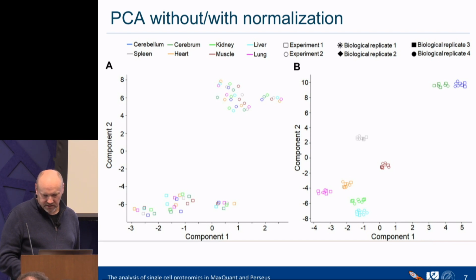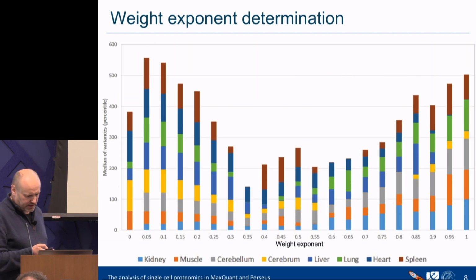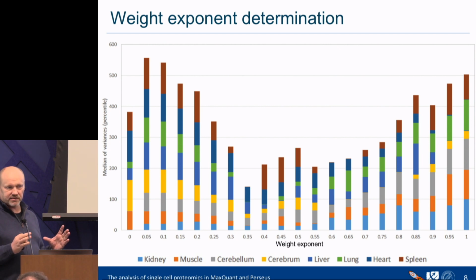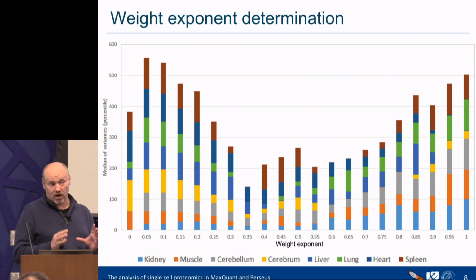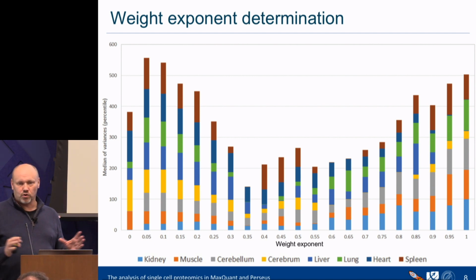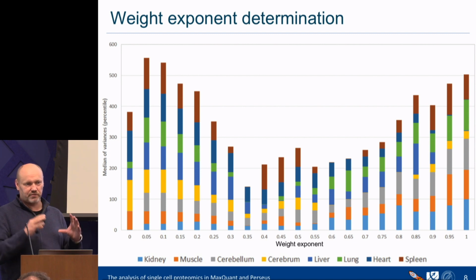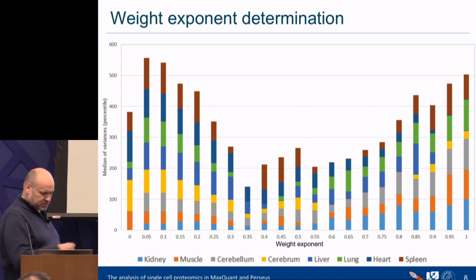But then there's still the open question: what is the exponent of the weight? And so we just optimize it. We look at within group variance, which, as I said, is a good thing to look at now because we don't have overlapping groups that we might have in single cell data or something like this. We expect a very clear separation between organs, and that's also what we saw in the PCA of the normalized data.